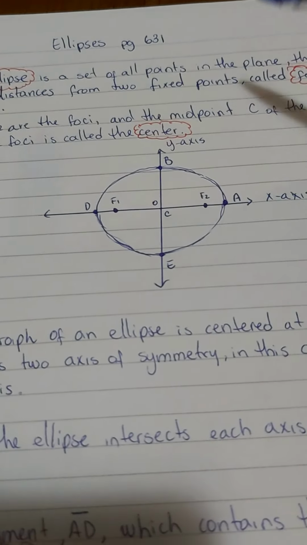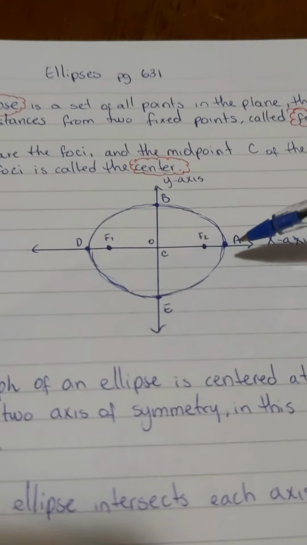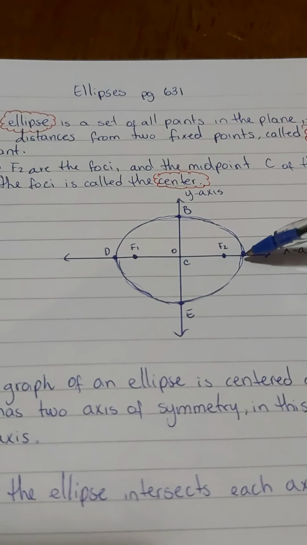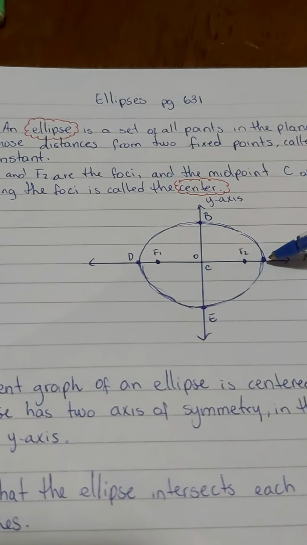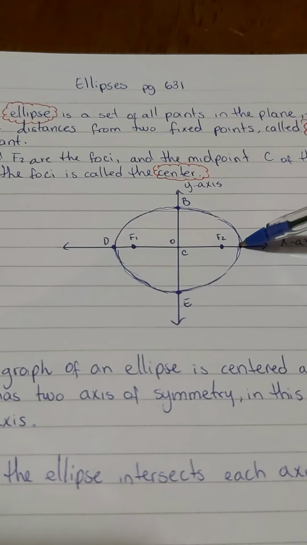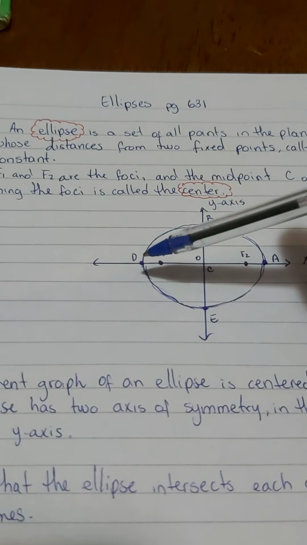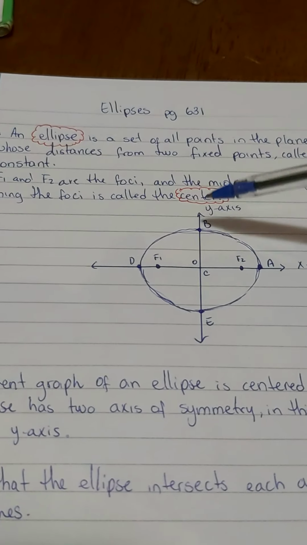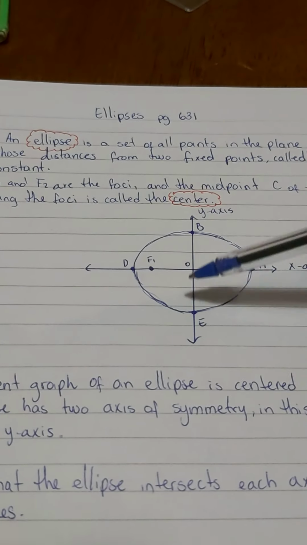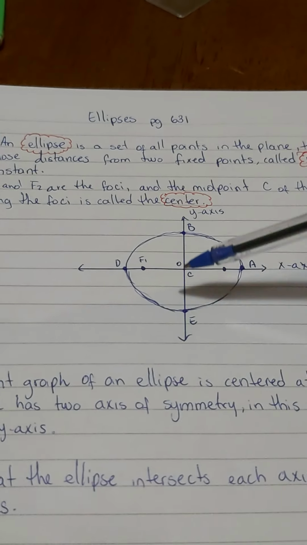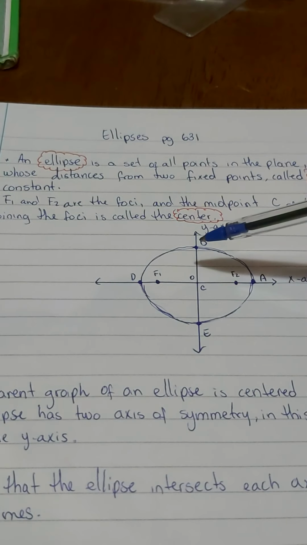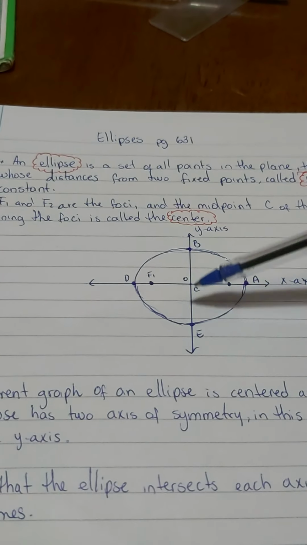On the x-axis, it intersects the axis of symmetry at point A and at point D. On the y-axis, the second axis of symmetry, it intersects the axis at B and E.